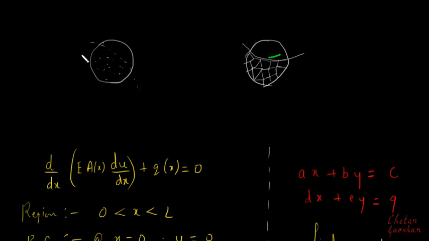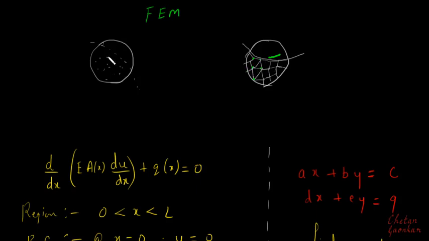In our last class, we had seen that the finite element method converts the infinite degrees of freedom of an object to a finite degrees of freedom by meshing it or by discretizing it into predefined shapes called elements, and it gives us solution only at these nodes.